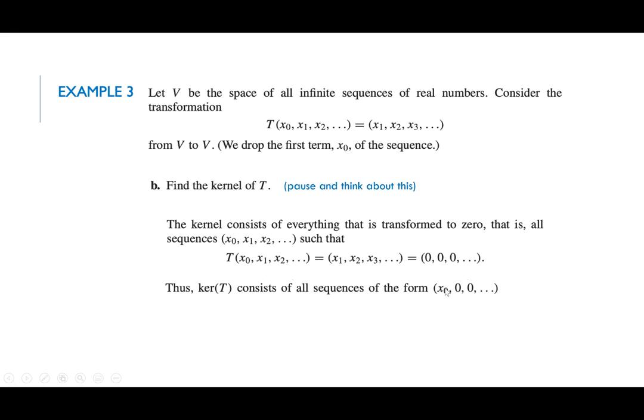But if you chop this off and get a sequence of zeros, that means everything after the first entry had to be zeros. And so the kernel is one-dimensional because it's got this sequence as a basis sequence. Everything else in the kernel is a constant multiple of that. So the nullity of this transformation is 1.